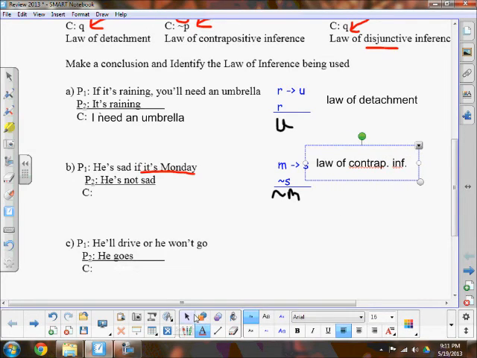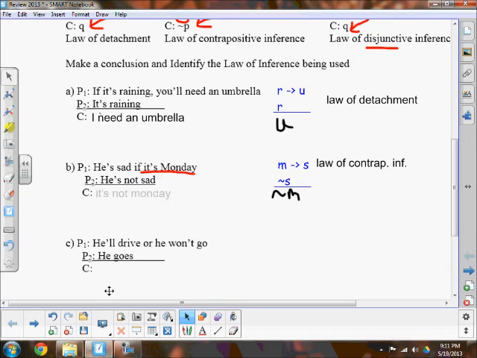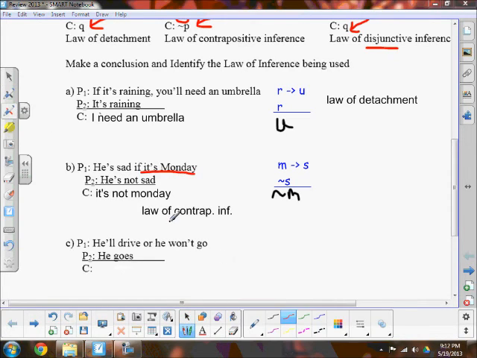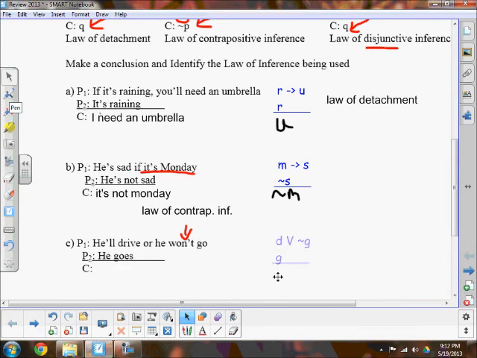He's not sad, so the statement that would follow would be, it must not be Monday, by the law of contrapositive inference. Okay. So it is not Monday by the law of contrapositive inference.